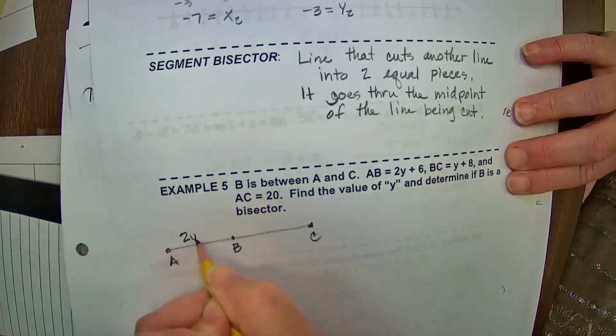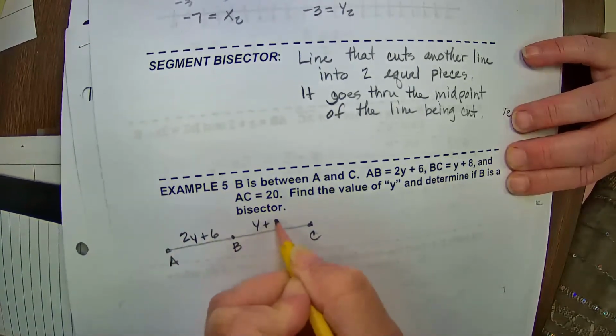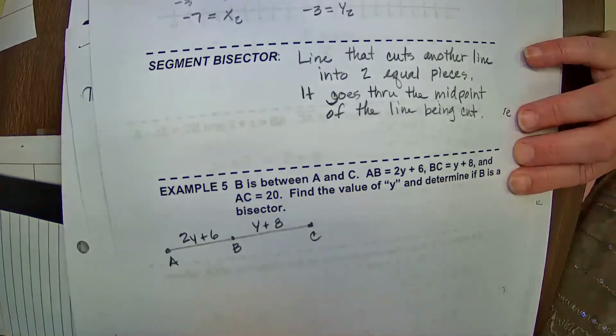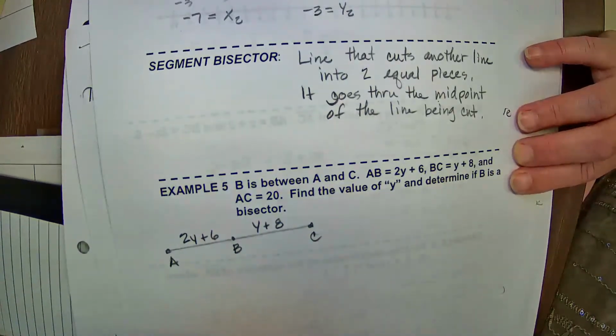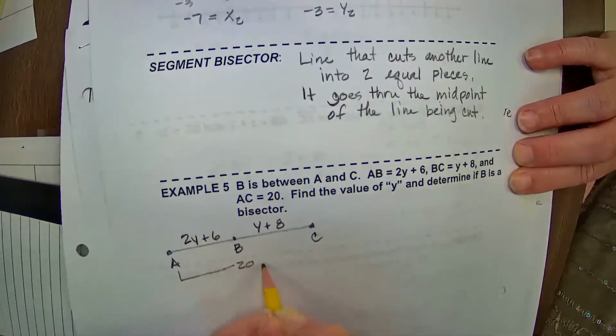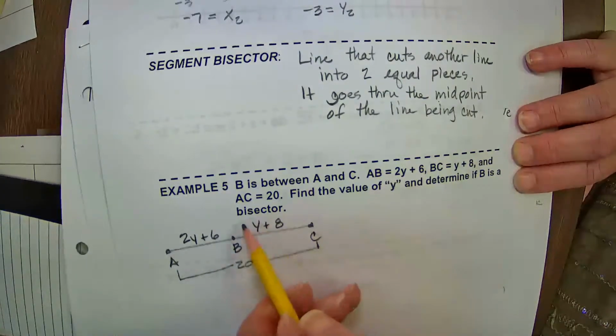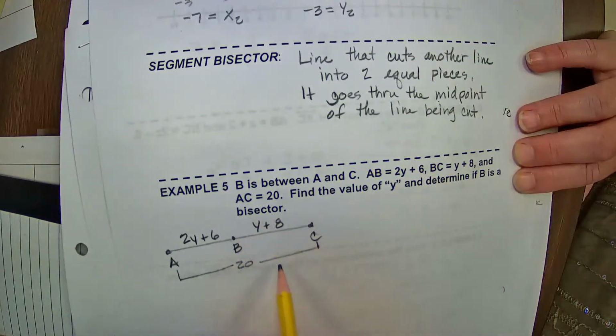AB is 2y plus 6, and BC is y plus 8. Find the value of y. Oh, and AC, the whole thing, is 20. Okay. Find the value of y and determine if B is a bisector.